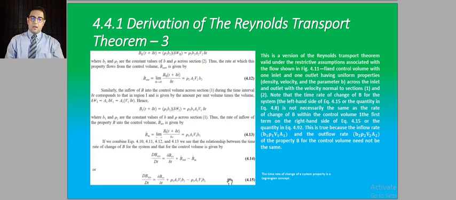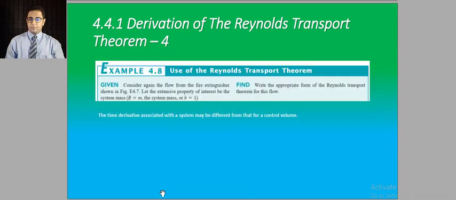And also, once again based on equation 4.15, it's already pointing out that the time rate of change in the system for the parameter B is not always the same as that happening in the control volume.